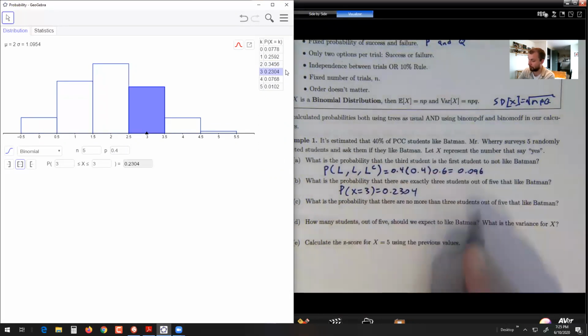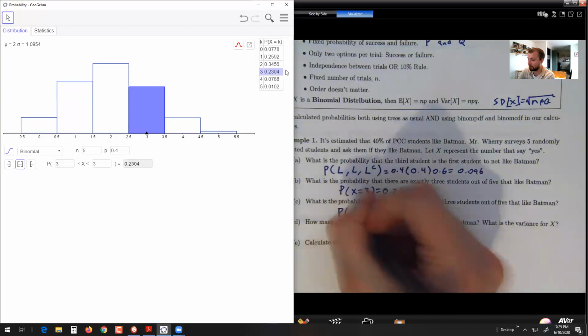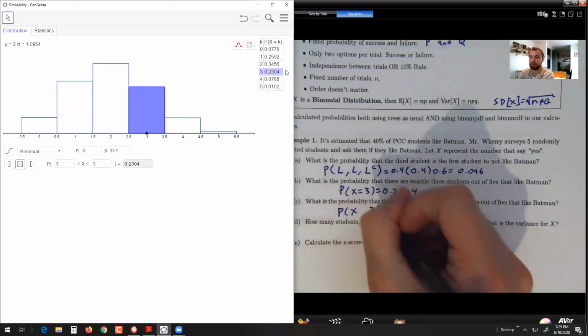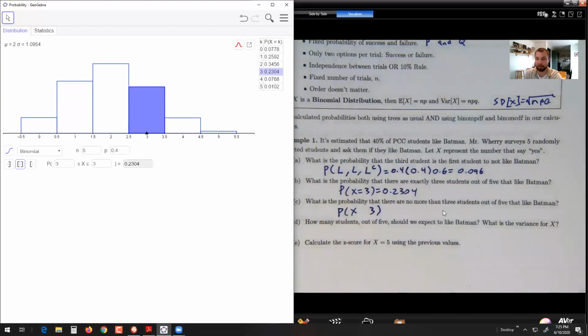No more than 3. Sometimes these no more, less than, at least phrases kind of trip me up a bit. So let's think about what no more than 3 means. I typically do this just by testing numbers. 0 is not more than 3. 1 is not more than 3. 2 is not more than 3. 3 is not more than 3.